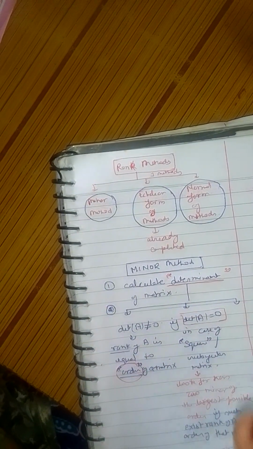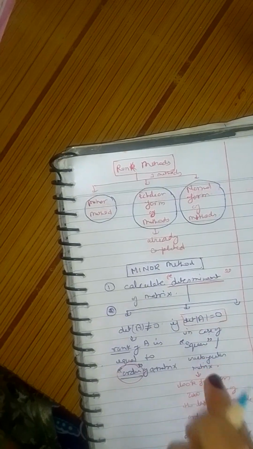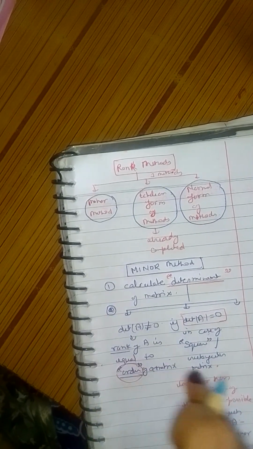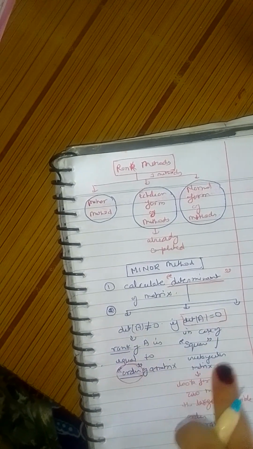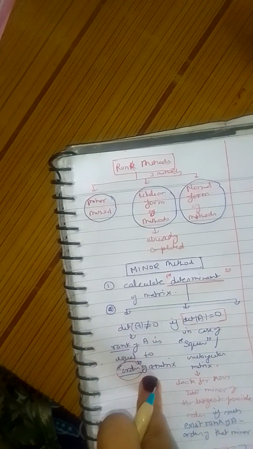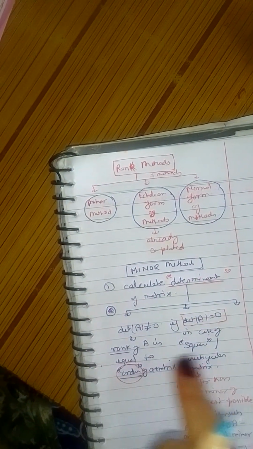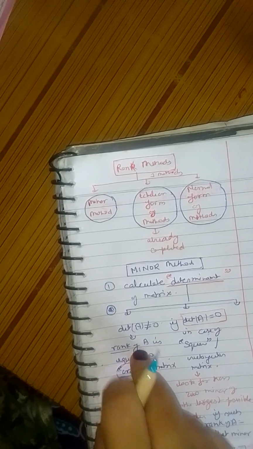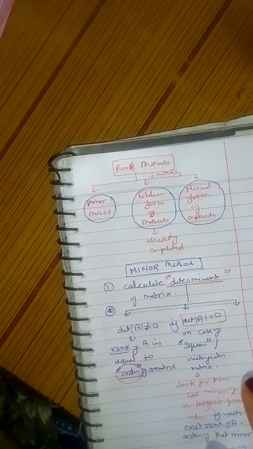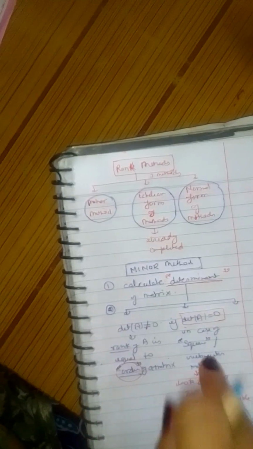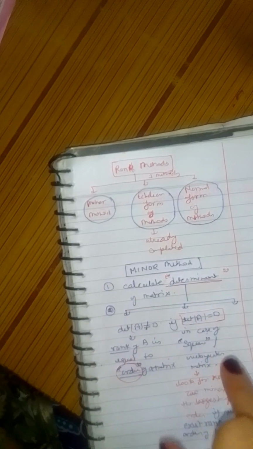You should remember these steps I am teaching you, because when we calculate the rank of the matrix with the help of the minor method in my upcoming video, this theoretical part is the condition we would apply. By watching this condition only, we will calculate the rank of the matrix.